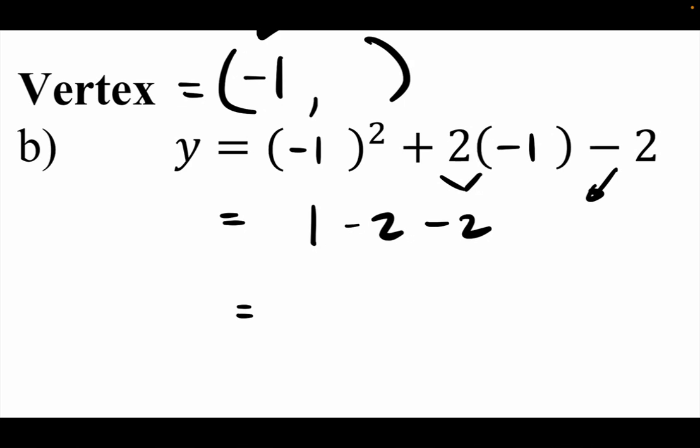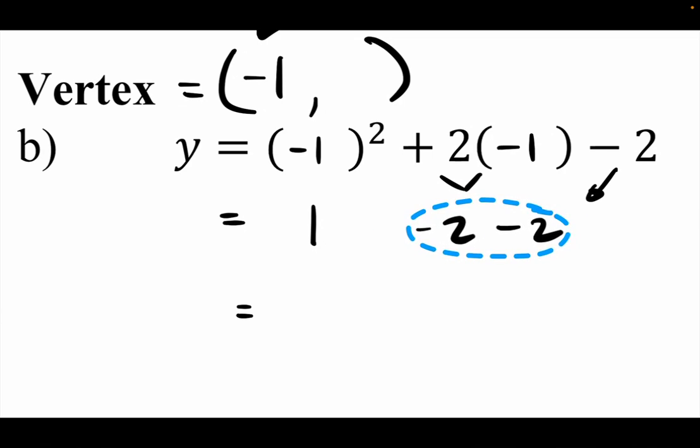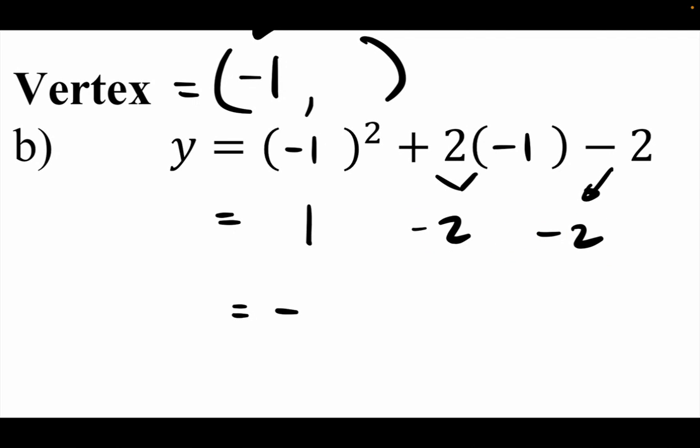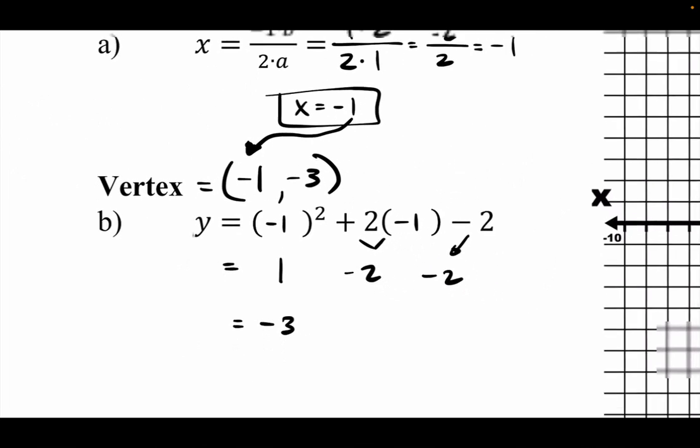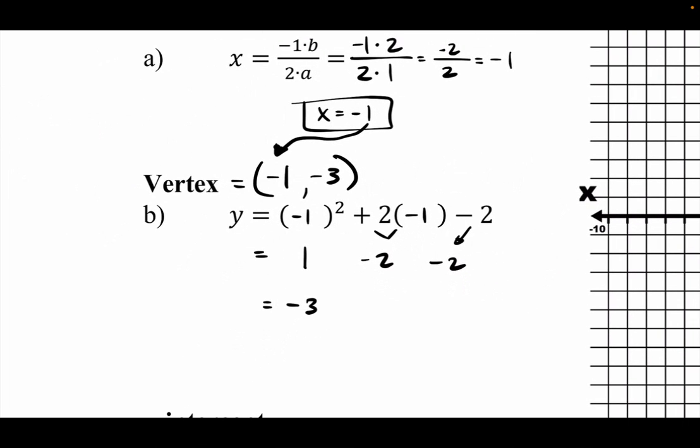What's 1 minus 2 minus 2? -1 minus 2 more, -3. That guy's going to go there. Let me color code it a little bit. So this guy will always go here. This guy will always go here.